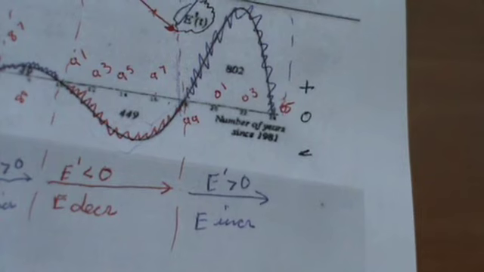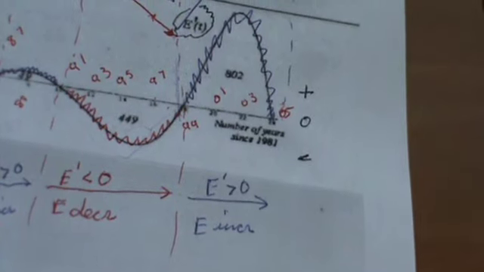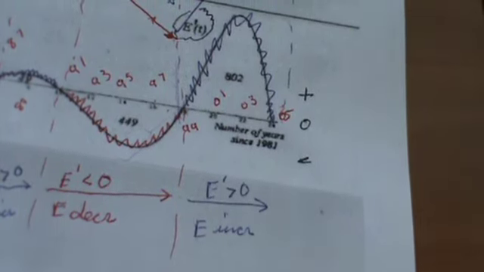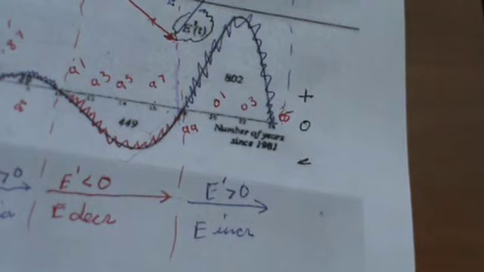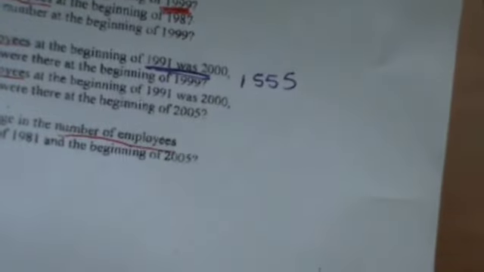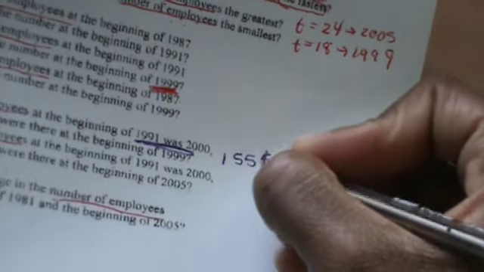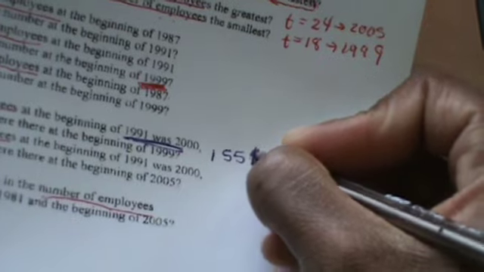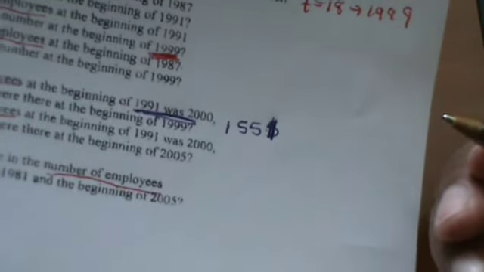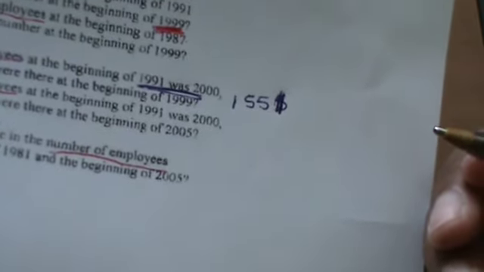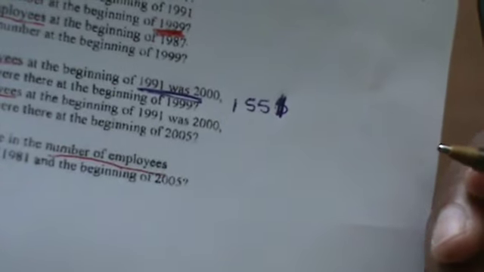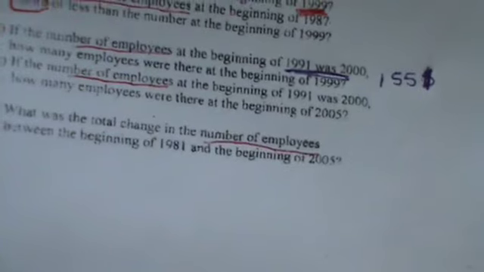Hold on, 1,551 employees. 1,551. Okay, so notice what my J says. How do I keep writing down the wrong numbers? 1,551.